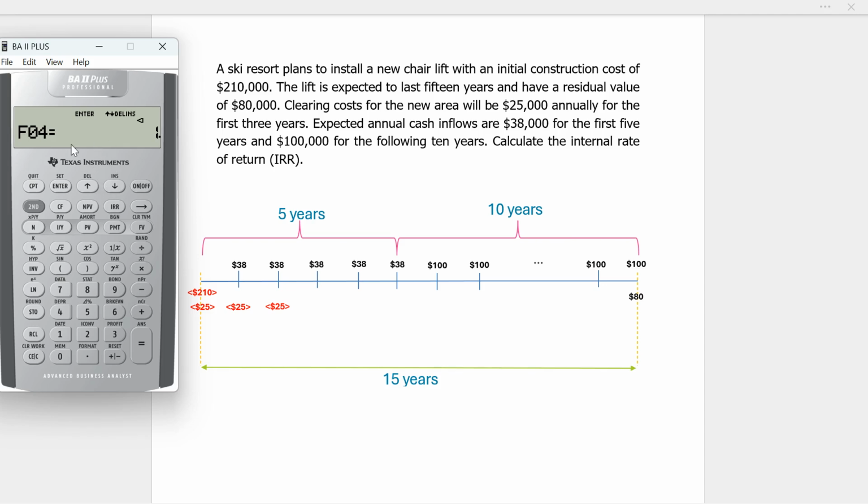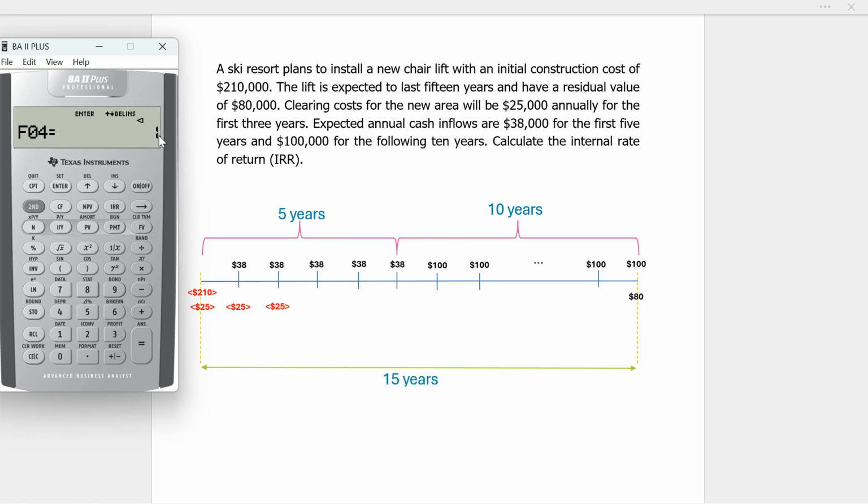We need to change F04 to 1, but it's already 1. Okay, we don't change that, because this expected return of $180,000 would be just for one period of time, just for 1 year. So F04 must be 1.